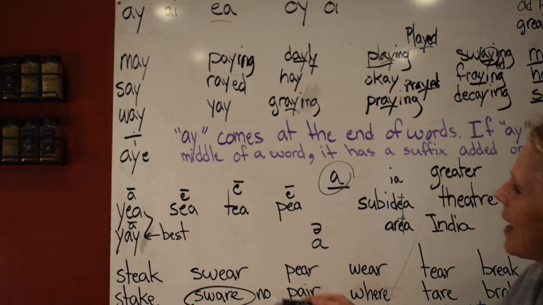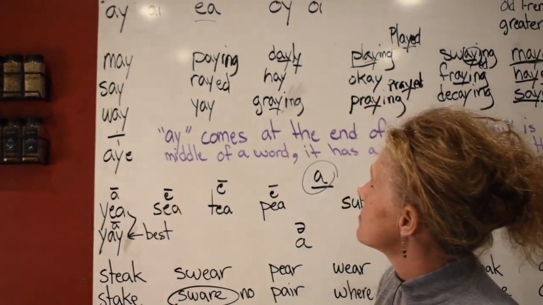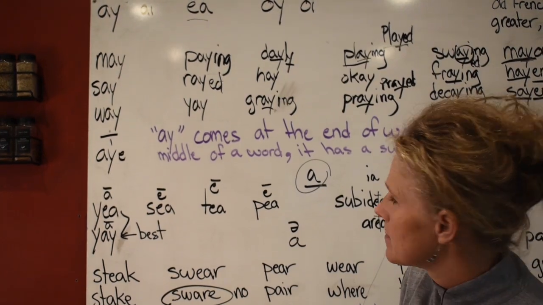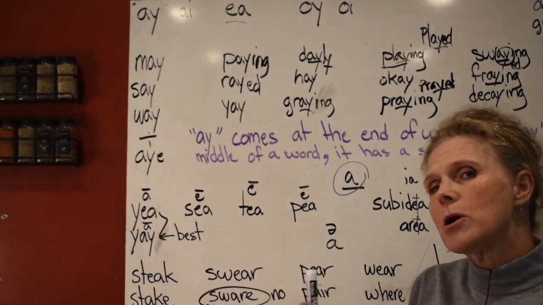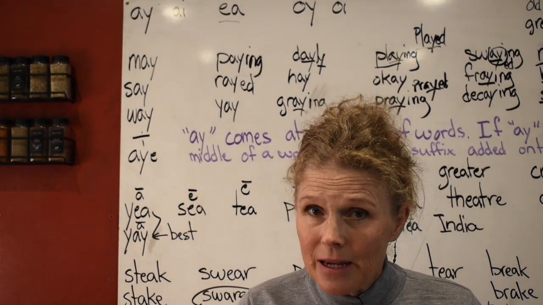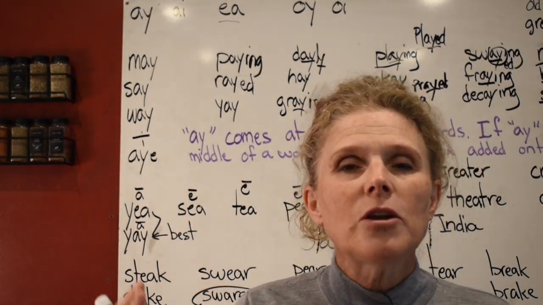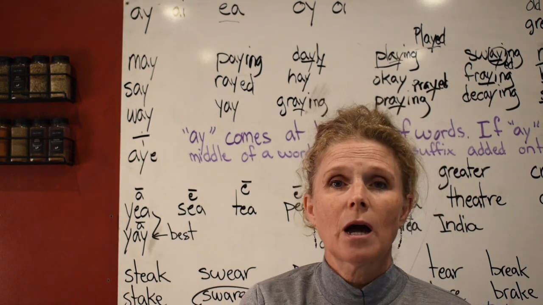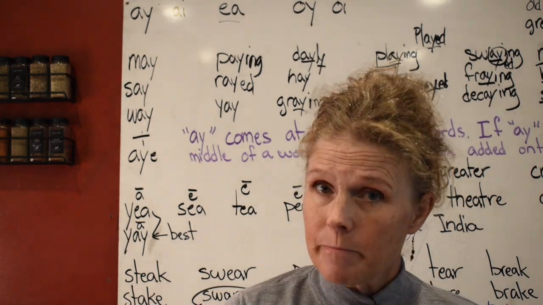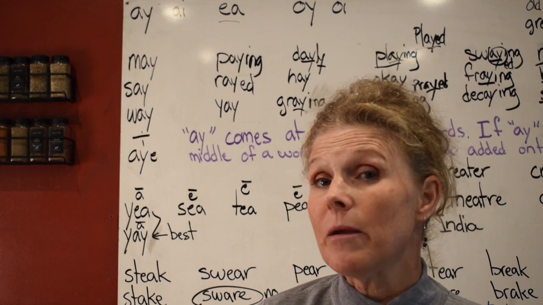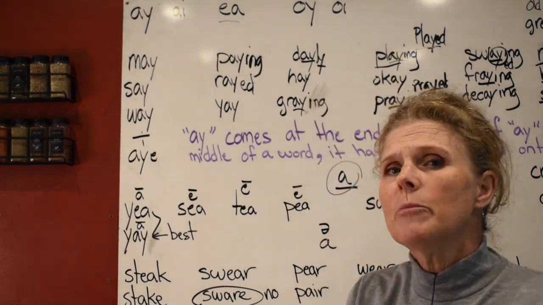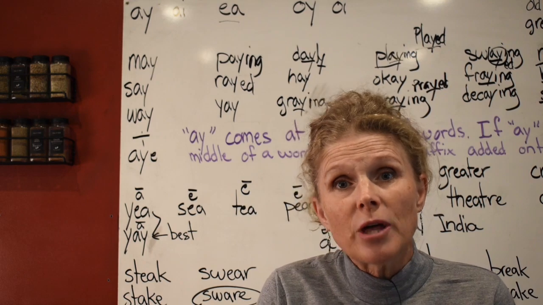Now let's look at the long A sound with the EAs. Now remember, EA can say E, which is the one that you would expect it to say most of the time. And it also says A, but that's the least amount of times. But you need to know that it does do that.